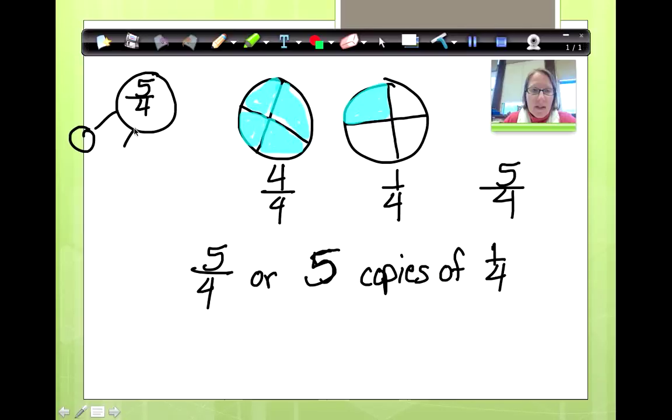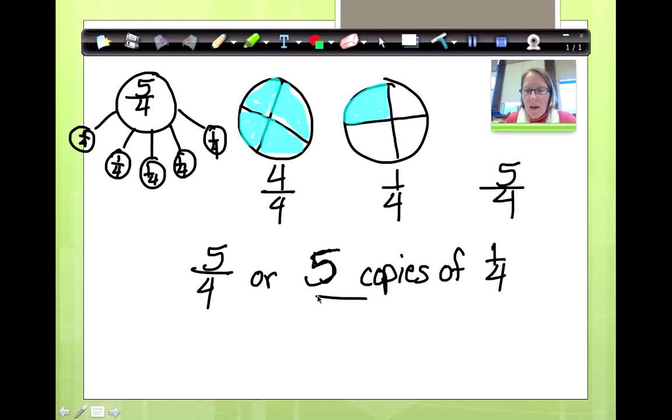So I should have 5 sticks. 1, 2, 3, 4, 5 of 1/4. That's what that says right here. 5 copies of 1/4. But while I can make my number bond look like a spider, I can also keep it tidier and only have 2 sticks. It would still mean the same thing.